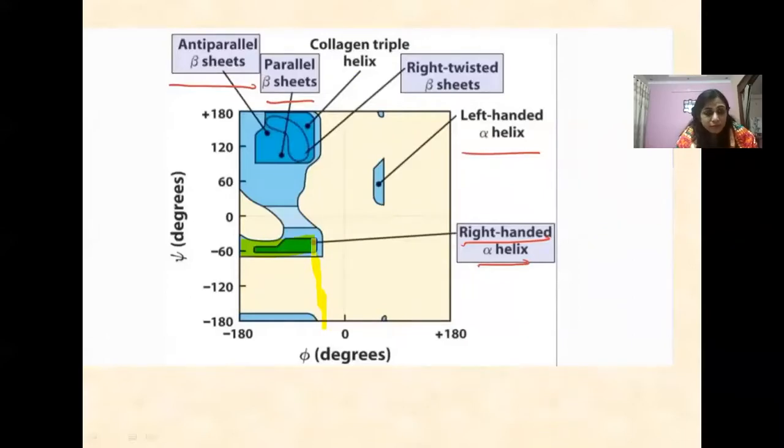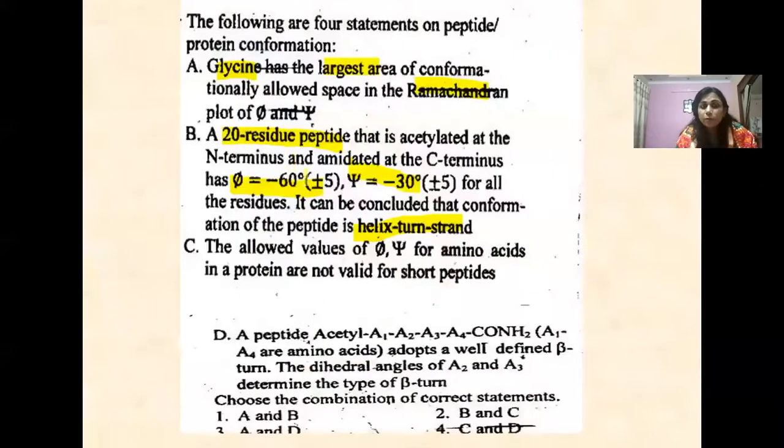Here this region is for the right-handed alpha helix, and for beta this is the region, but here one value is positive and one value is negative. In the statement, both the values are negative, so it cannot be a turn, right? It can be a helix. So this statement is wrong.